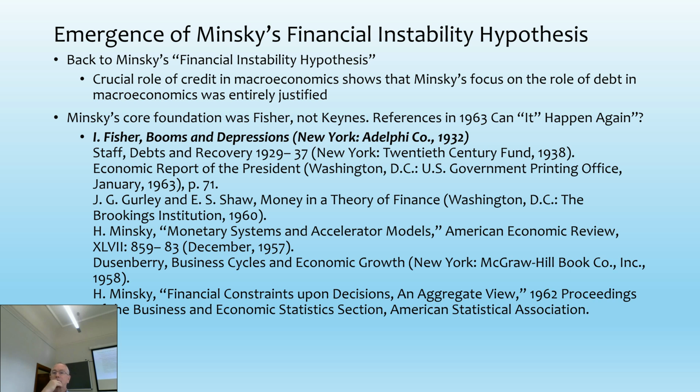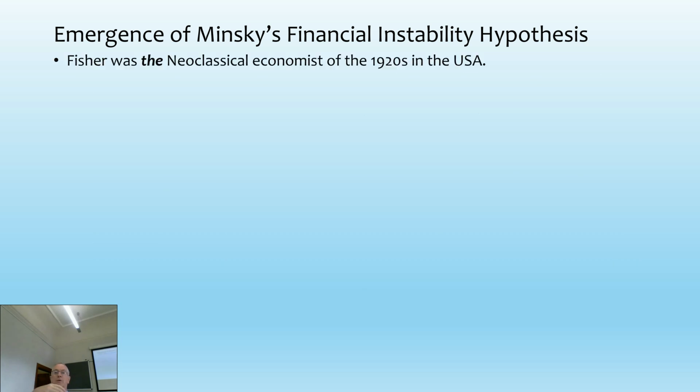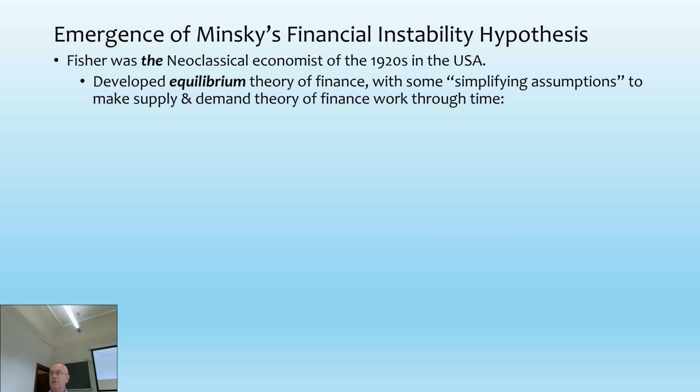So this is a paper in 1963, a really pivotal paper, "Can It Happen Again?" Fisher's there as a reference, Gurley and Shaw, Duesenberry, but no Keynes. So what he was really trying to do was explain what Fisher started with, the explanation for the Great Depression being too much debt and deflation. Minsky was trying to explain how you get back to that point. And it's intriguing looking at Fisher as an author on this front as well, because he developed an equilibrium theory of interest rates.